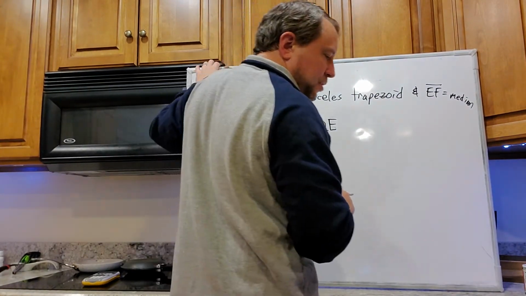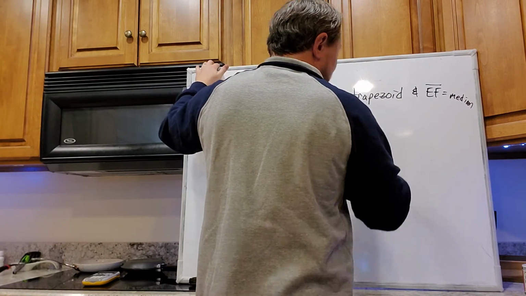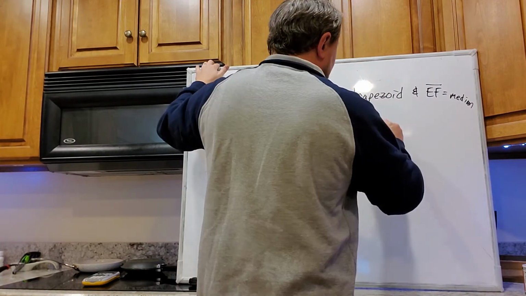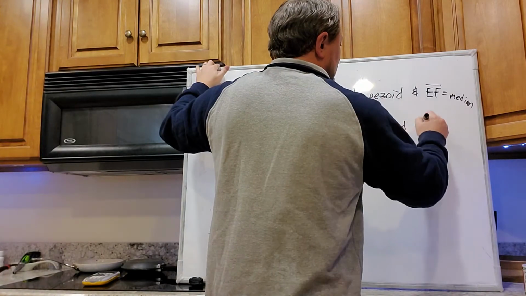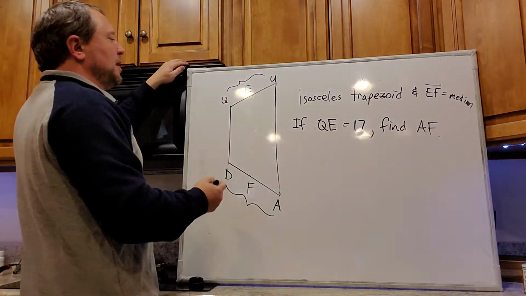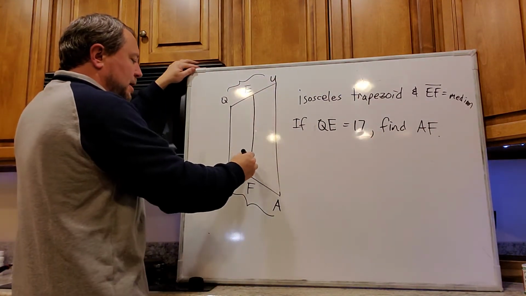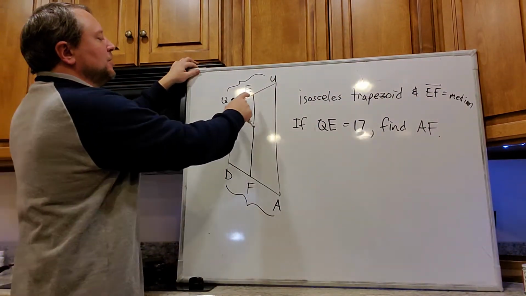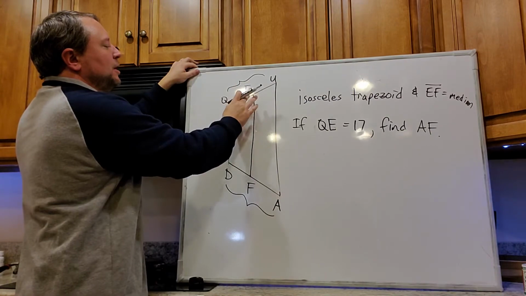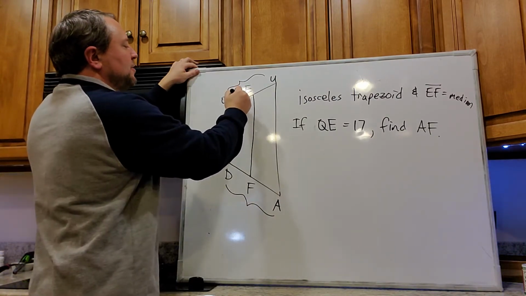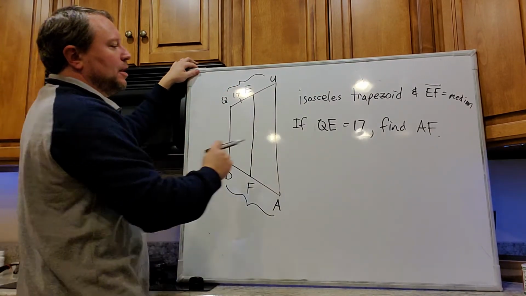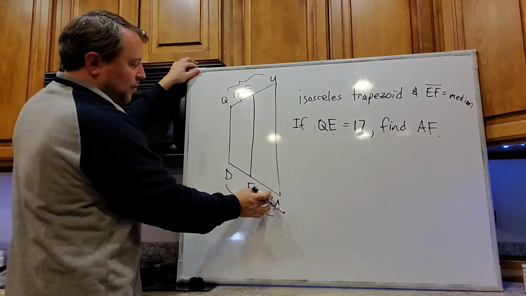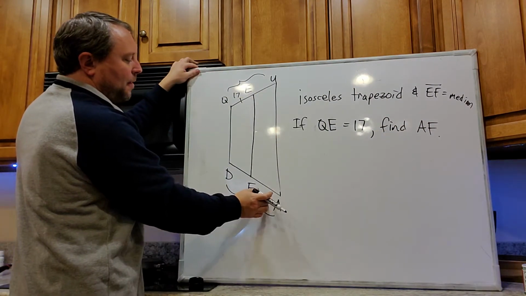Let's say if QE equals 17, find the length of AF. I'm going to put this back in again. Remember, that is the median. They're saying if this length QE right here equals 17, they want us to be able to find AF, this one down here.